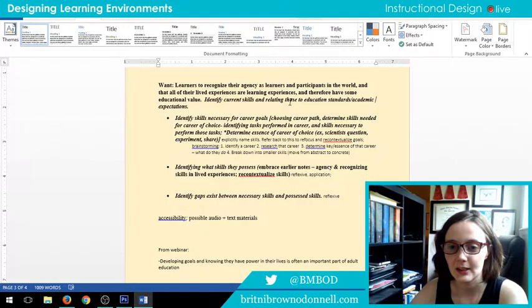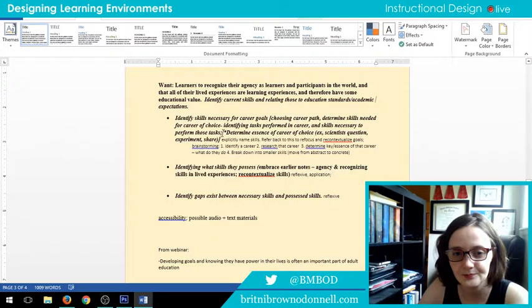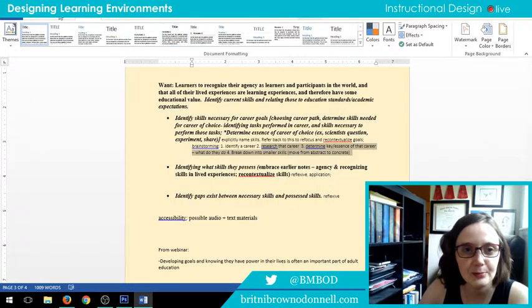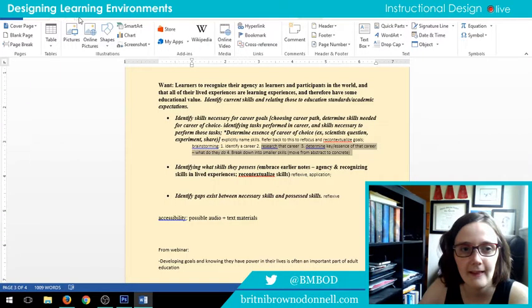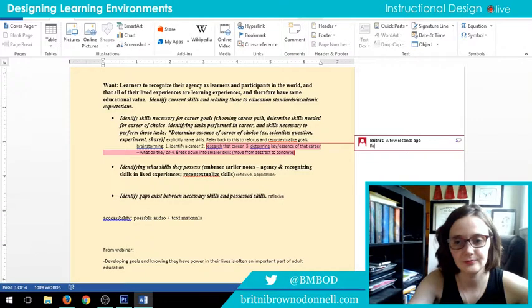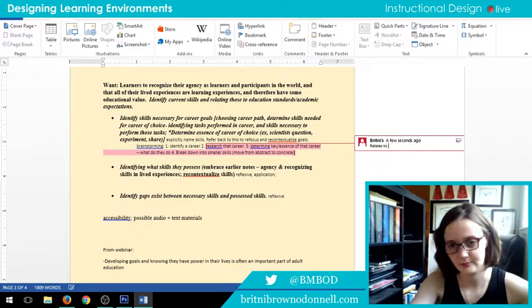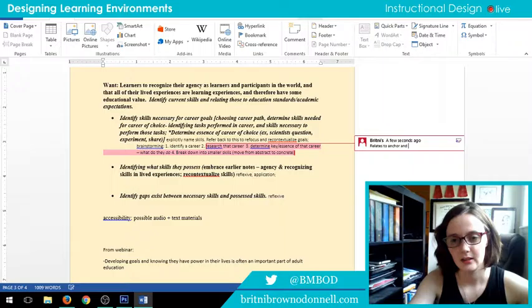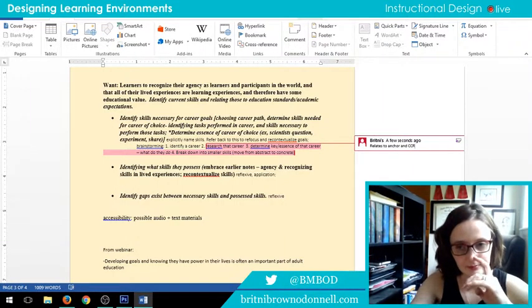So not just identification, but in this determination part, this determination requires researching the career and determining the career. So that relates back to our anchor. And our standard.